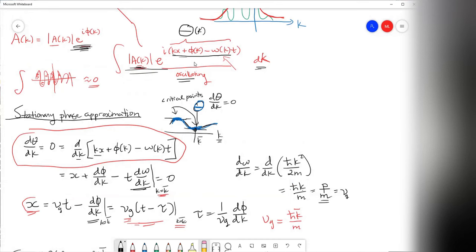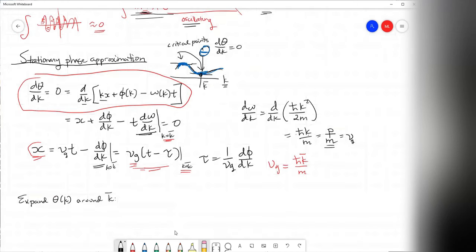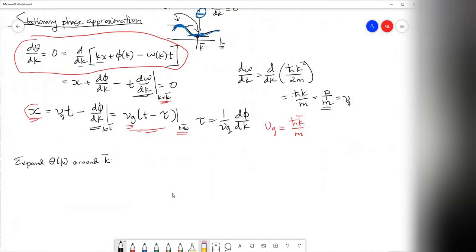Let's see. So you want to expand, for instance, this guy around k bar and this guy around k bar, because those are going to be the major contributions to the integration. So what we get in the exponent is the kx.